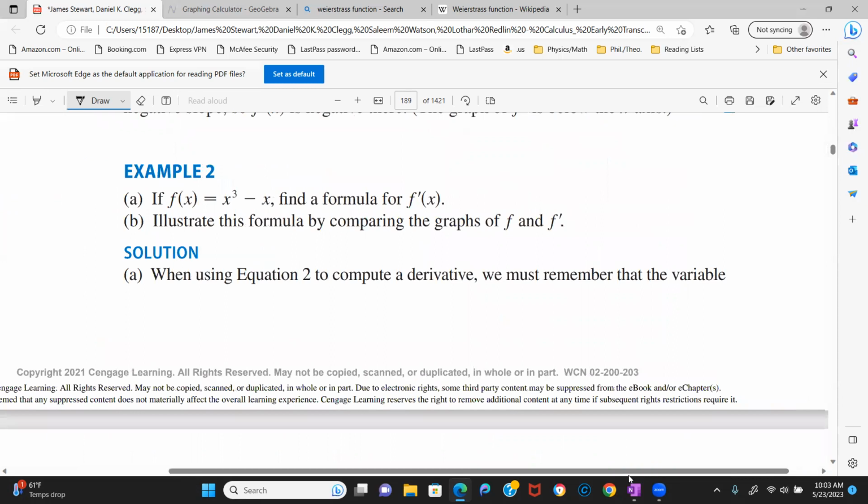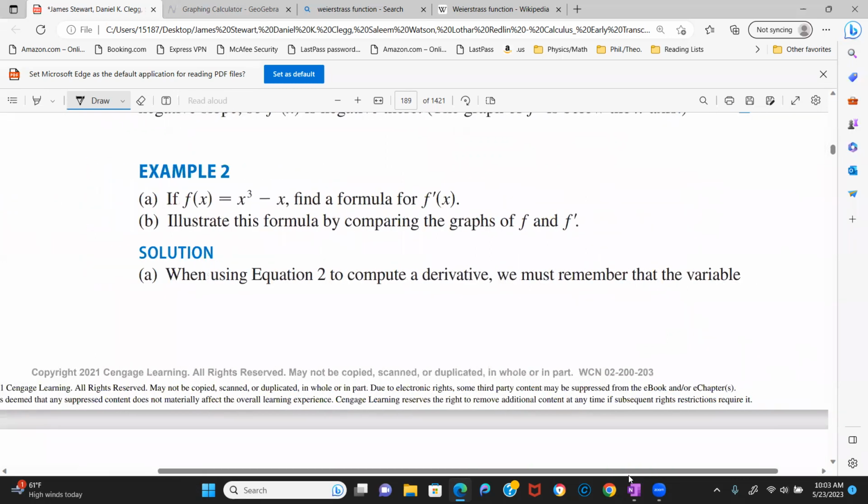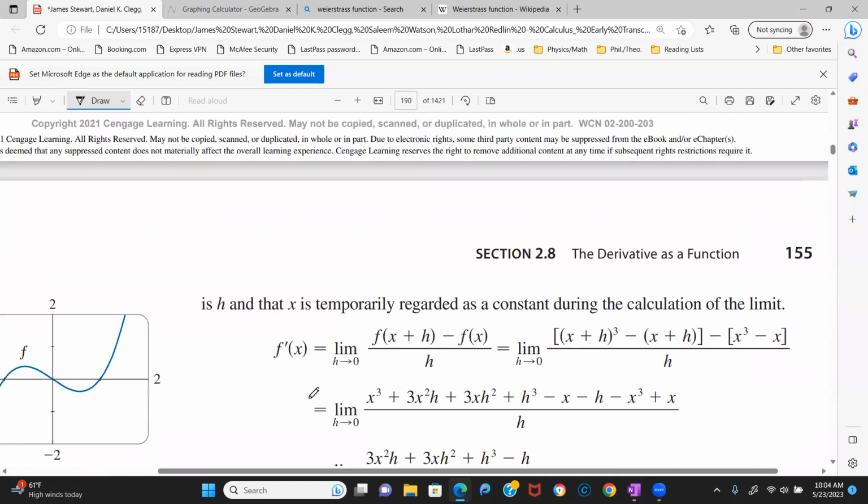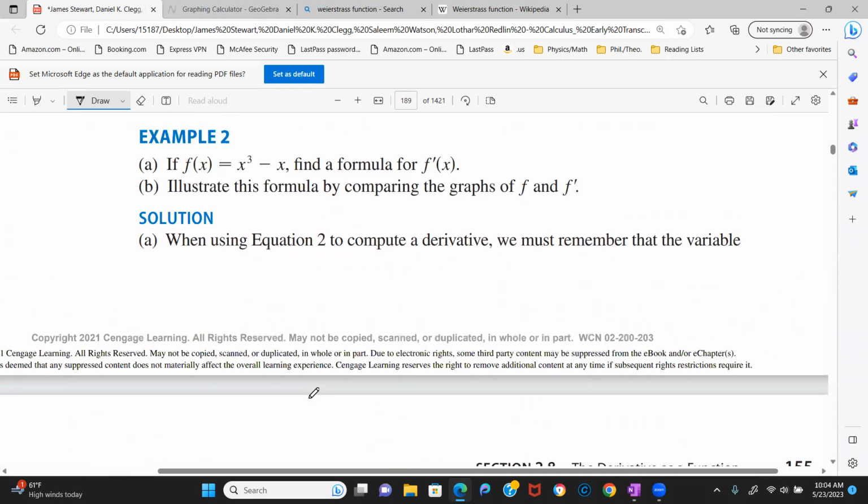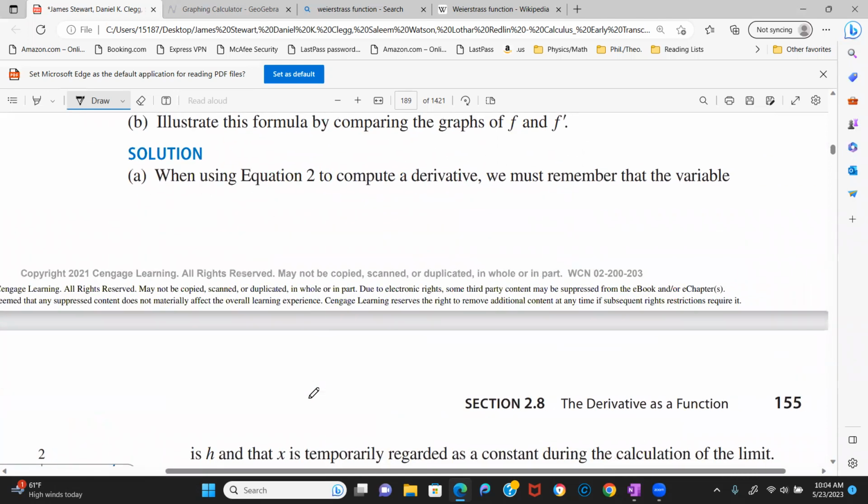So here's an example too. All the examples in here are more or less similar to the examples in the last section, 2.7. You're going to calculate the derivative in basically the exact same way. We'll just quickly work through this because we've done calculations like this already.